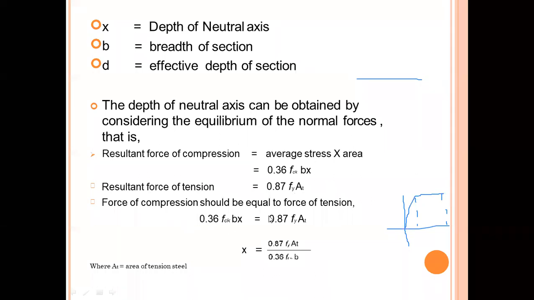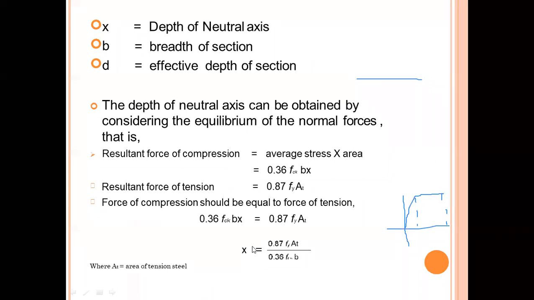When you equate Cu and Tu, remember that in WSM, equating the Cu force and Tu force gives the neutral axis. The same thing we have done here.